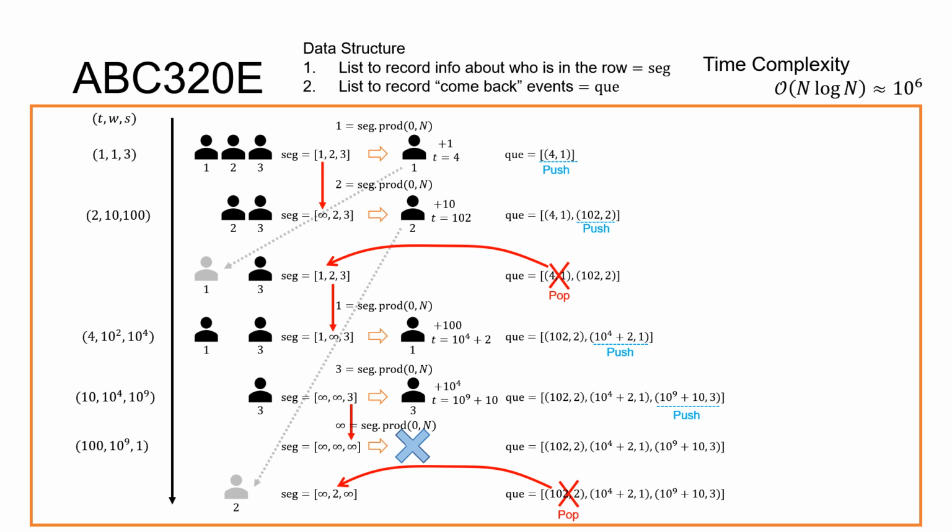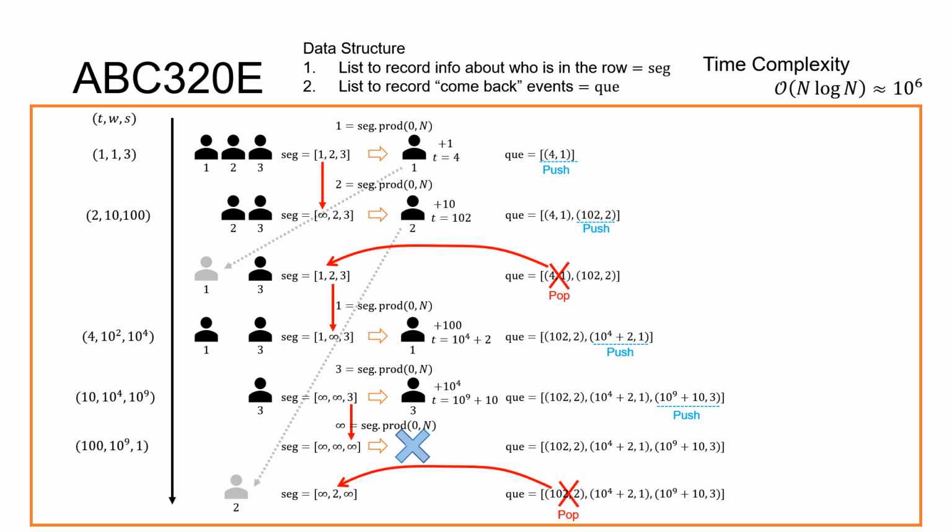Then the person is out from the row. The value of seg should be infinity, and we append to queue the information about when he comes back to the row.